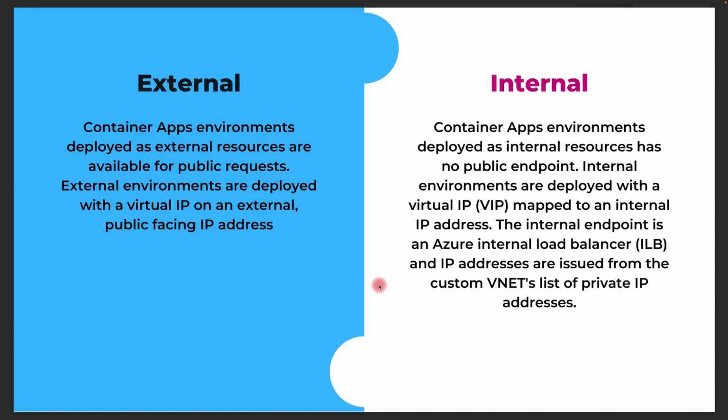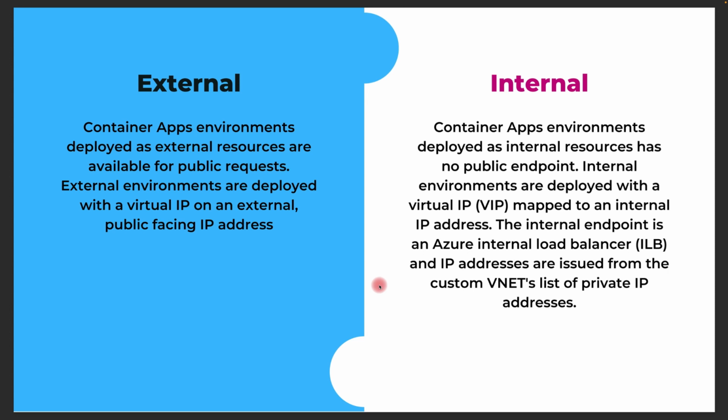We can have an external or internal environment where we can deploy our applications. A Container Apps environment deployed as an external resource is available for public requests. External environments are deployed with a virtual IP on an external public-facing IP address.